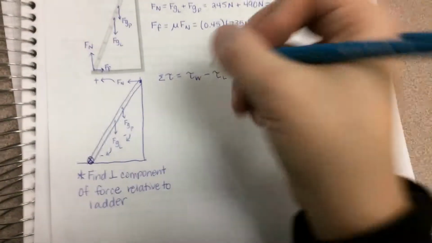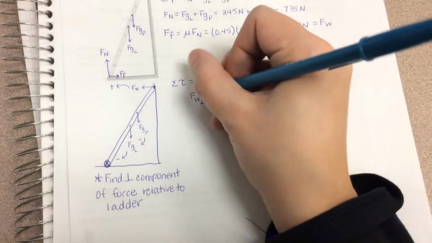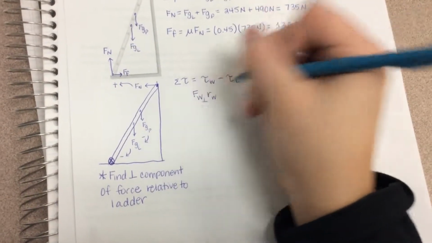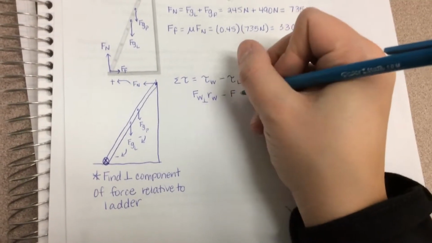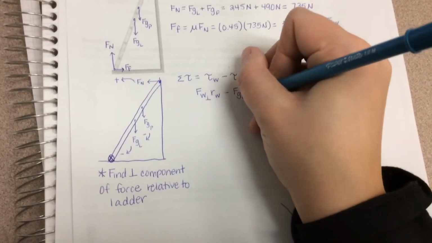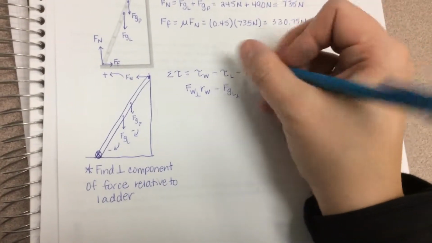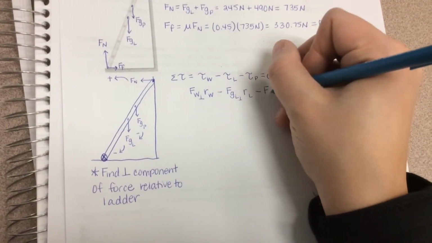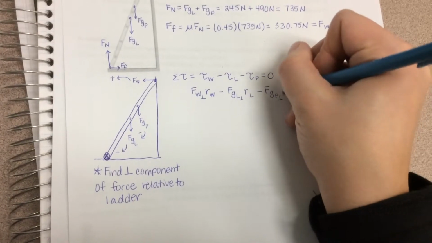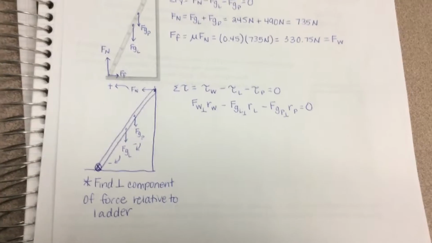So for my torque from the wall, I'm going to expand this out to be the force from the wall, the perpendicular component, times the distance of the wall from the axis of rotation, minus the force of gravity from the ladder and the perpendicular component of that relative to the ladder, times the distance of the ladder from the axis of rotation, minus the perpendicular component of the force of gravity of the person, times the distance of the force of gravity of the person from the axis.